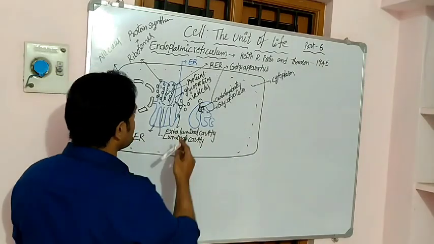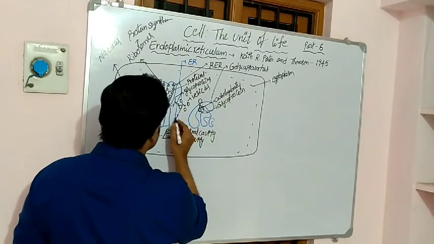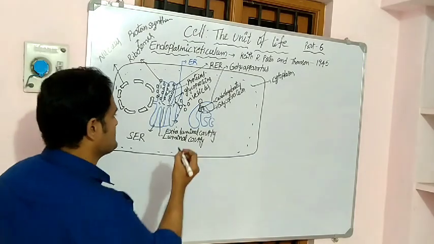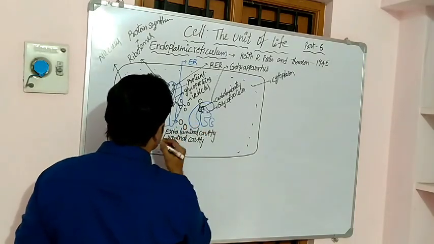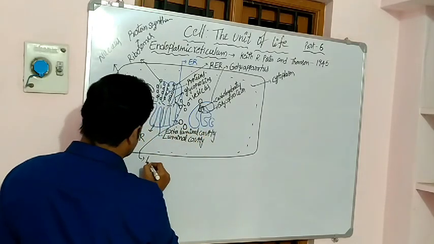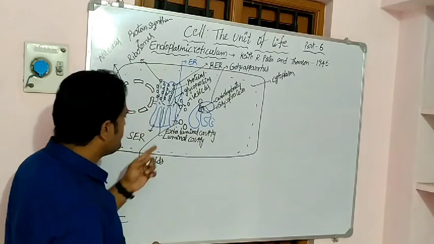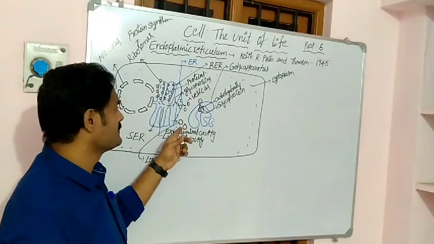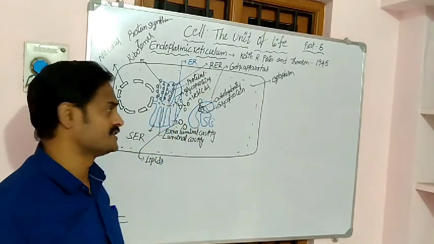The smooth endoplasmic reticulum is helpful for lipid synthesis. It releases lipid molecules like this. These are called lipids. So lipids come from the smooth endoplasmic reticulum. Remember, proteins come from the rough endoplasmic reticulum.